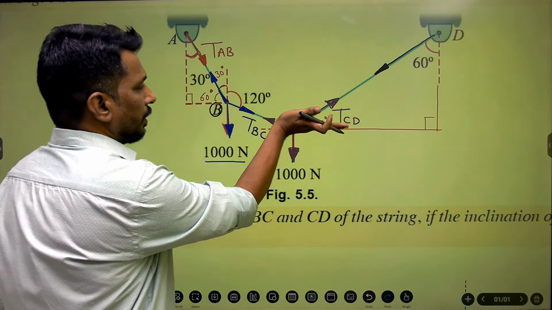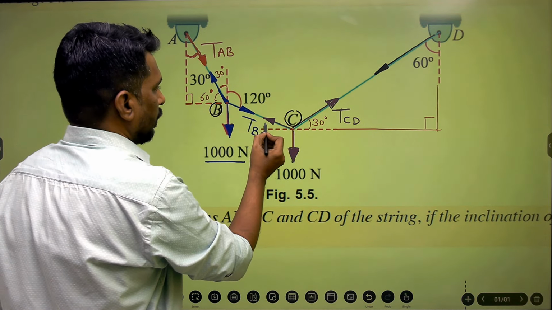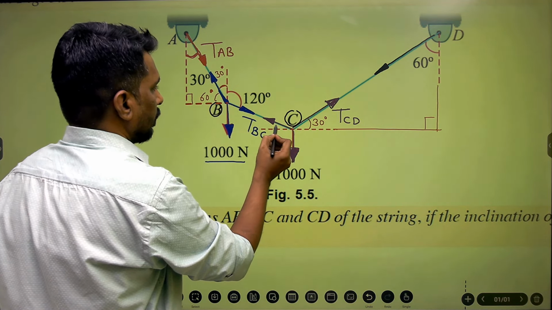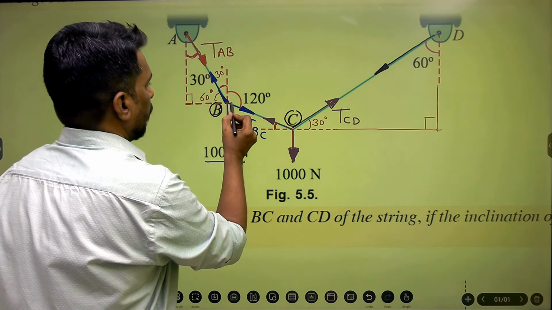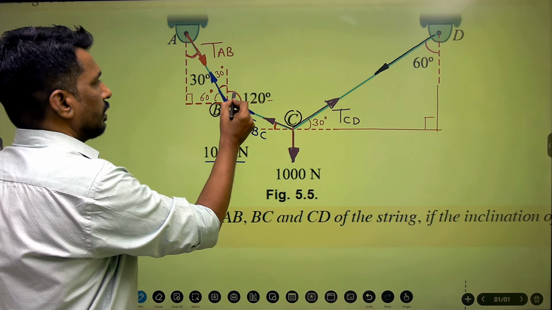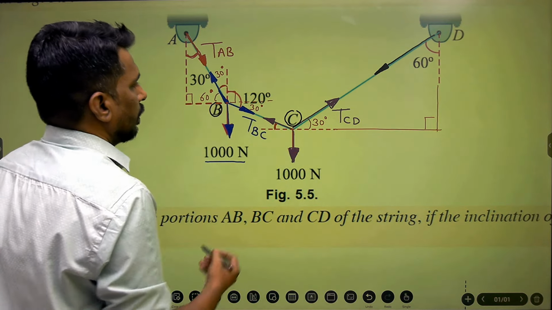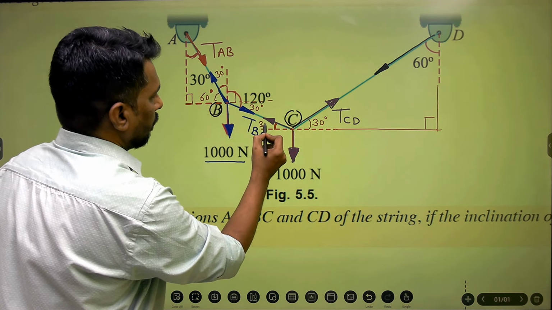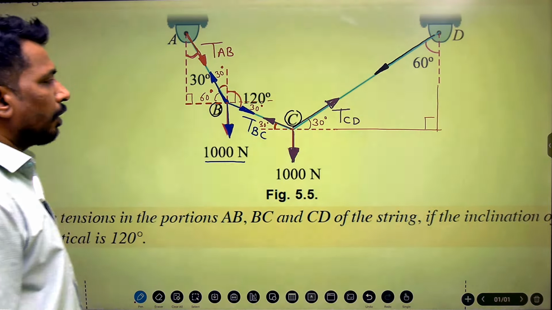So TCD is making 30 degree with the horizontal. Now same thing we can consider over here, this angle, okay, this angle. So now with the horizontal, if I draw a line over here, this total angle is 120 and this is 90. So this is 30 degree. So of course alternate angle, this becomes also 30 degree. So TBC is 30 degree with the horizontal.